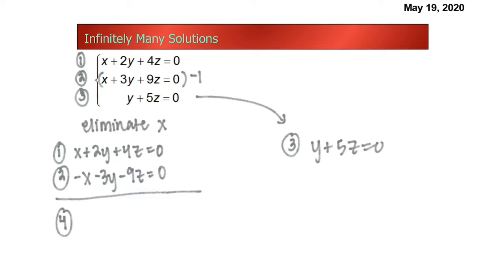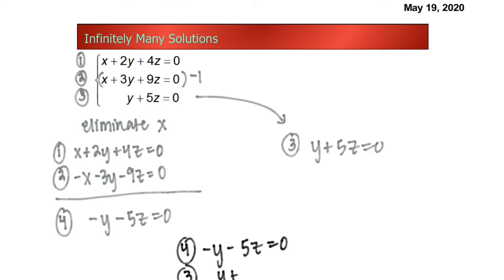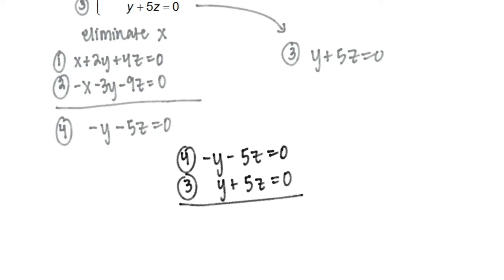So I just found that adding helps me out a little bit. When I add the two together, I get -y minus 5z equals 0. Hip hip hooray. So we're going to take equation 4, -y minus 5z equals 0, and we're going to add to it the existing equation 3 in hopes that we can get this two variable system down to one variable.